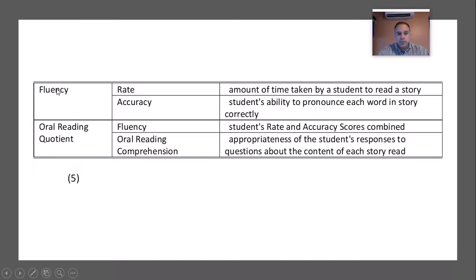So these two equal fluency, fluency plus comprehension equal oral reading quotient. Rate, of course, is the amount of time it takes to read. Accuracy, the ability to pronounce each word in the story correctly. Fluency, the combination of those two. And comprehension, the appropriateness of the student's responses to questions about the content of each story read. Things that we've all gone over before.